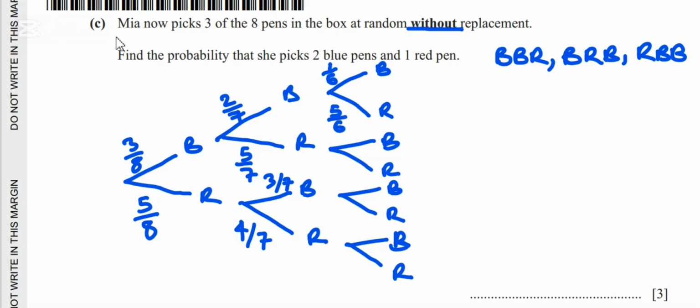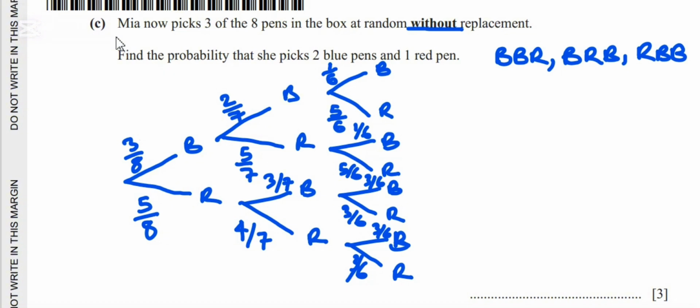Then the blues here we still have 1/6, then the reds will have 5/6, and then the blues 3/6, and the reds will be 3 over 6. Also here 3 over 6, 3 over 6.